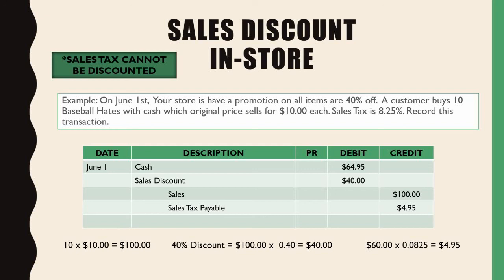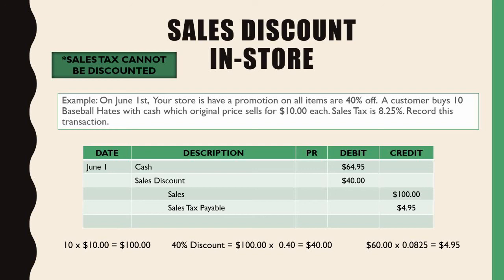In this case, you can tax the discounted price, because the amount that we're actually selling isn't $100. So the $100 for the hats, then we do the 40% discount, and we're taxing the product after the discount.